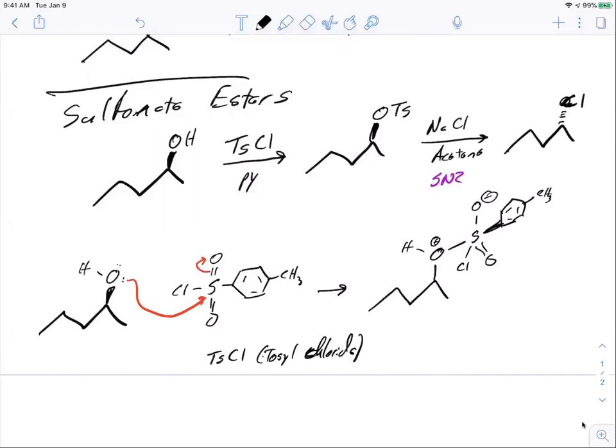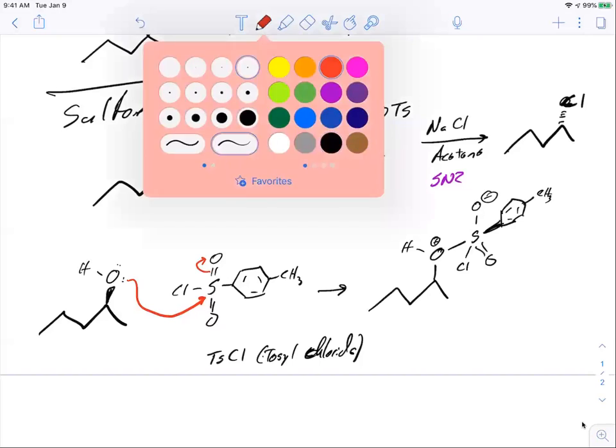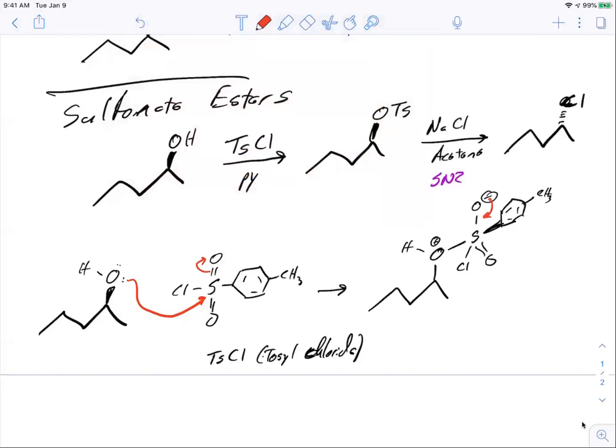And then at this position, so what we've done is we've acted at the sulfur. So lone pair reacts at the sulfur. Lone pair goes up. Then in the next step, the electrons come down from the oxygen. They kick off the best leaving group, and the best leaving group turns out to be the chloride.